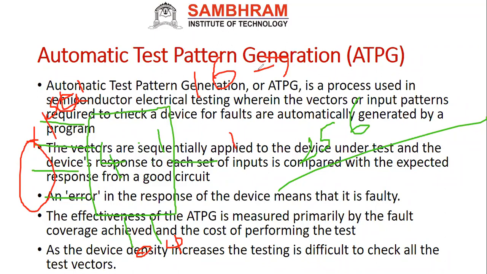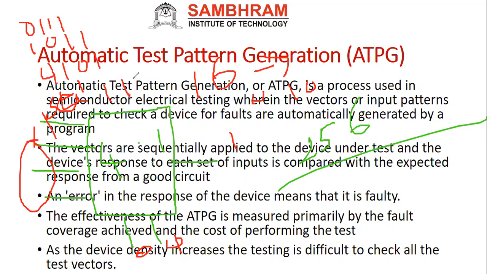What are the 4 test cases? First test case is 0, 1, 1, 1. Second test case is 1, 0, 1, 1. Third test case is 1, 1, 0, 1.